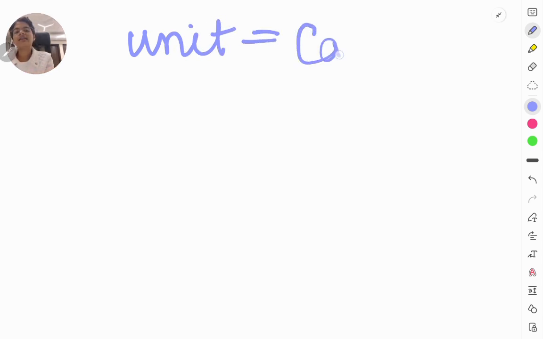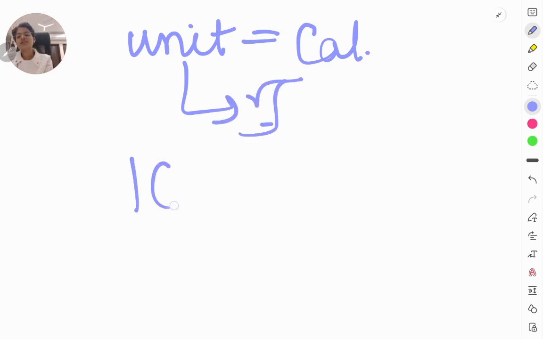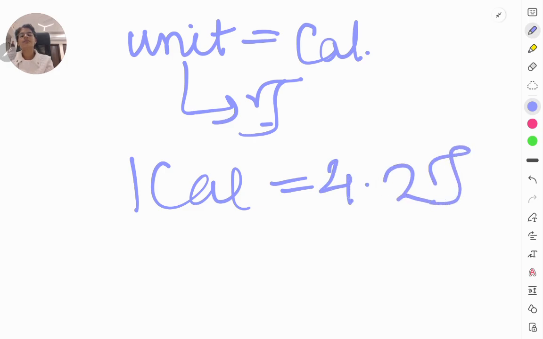Calorific value has its unit as calorie, but there is also an alternative unit called joule. You must keep in mind the conversion: 1 calorie is 4.2 joule.